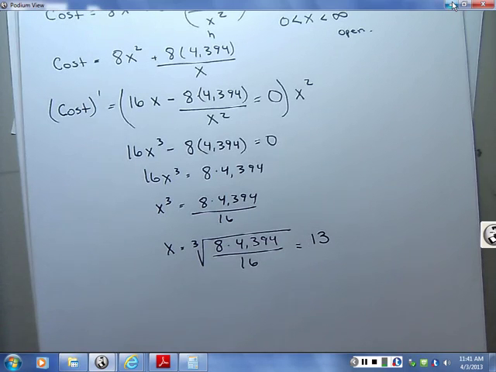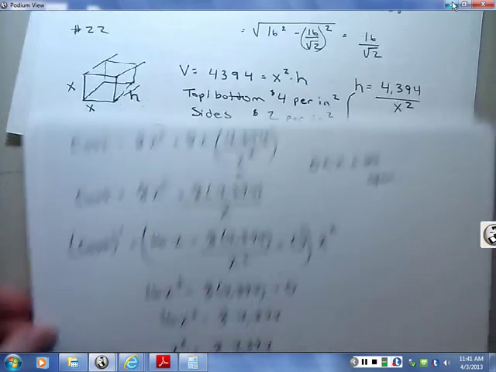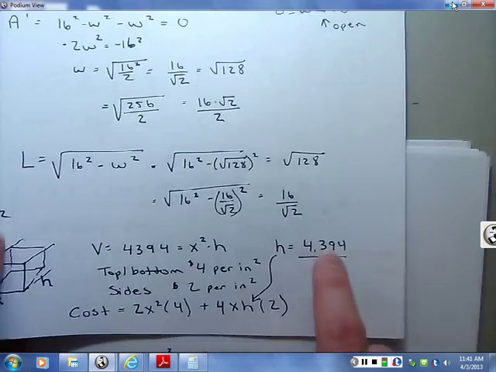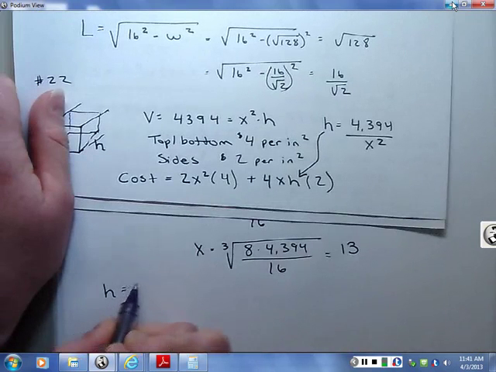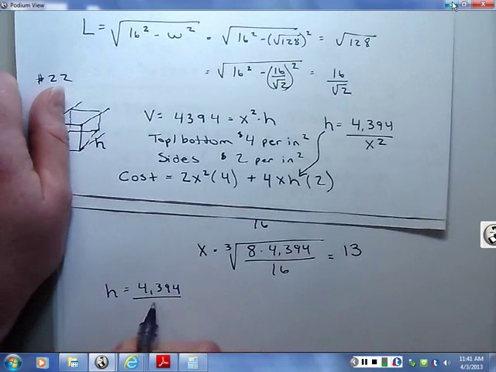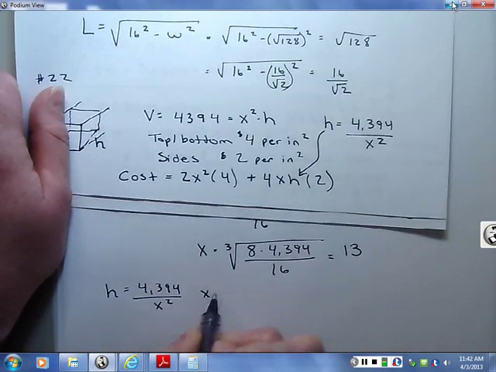So x is 13. Well, if x is 13, what is h? Well, if I come back here, I already solved for a formula for h in terms of x. So h is 4,394 over x squared, and x equals 13.